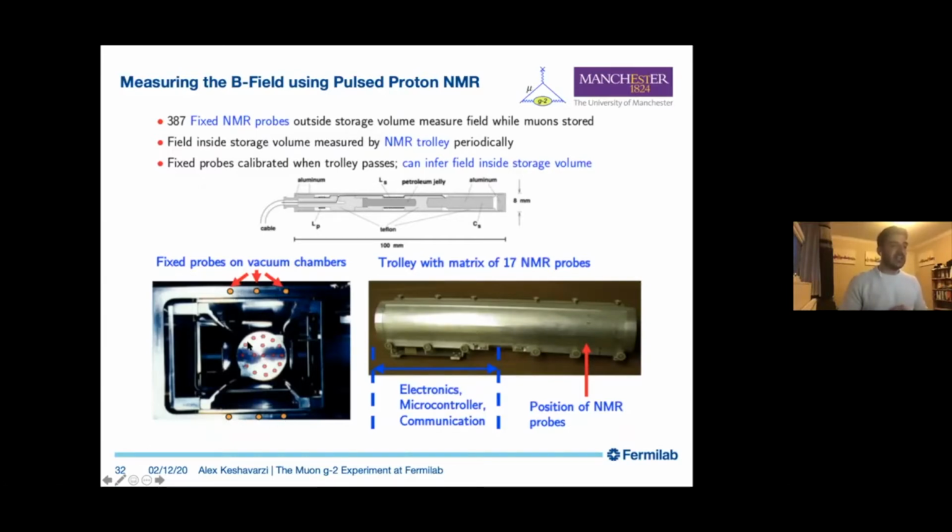But what we actually need to know is what the muons see. What do the muons see in the storage region here? And so we have a trolley which we run around the ring, which is basically just a block NMR on wheels, and we run it round during the time when the muons aren't in there, and that measures the magnetic field inside the storage region, and then we convolute what the fixed probes see with the trolley, and we get a map of that storage region.